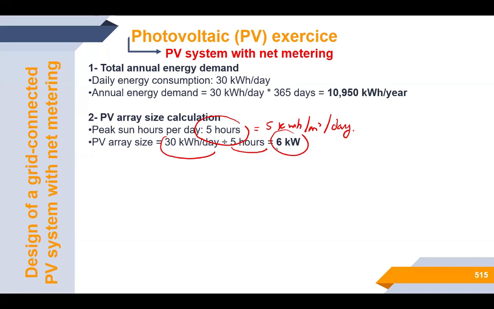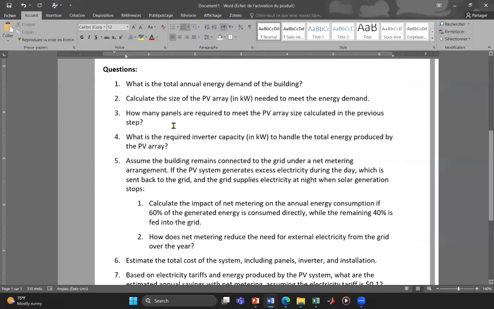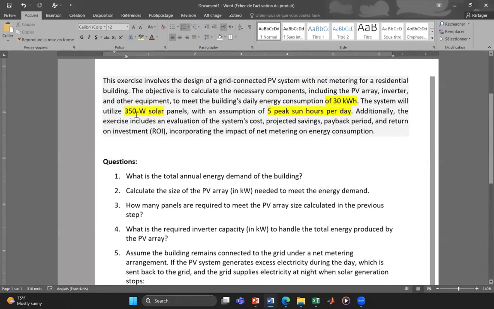Okay, for the third question: how many panels are required to meet the PV array size? From the previous question, we have the utilized solar power.